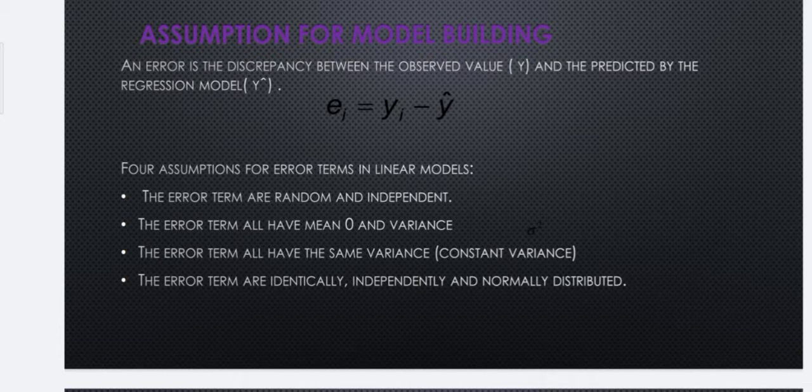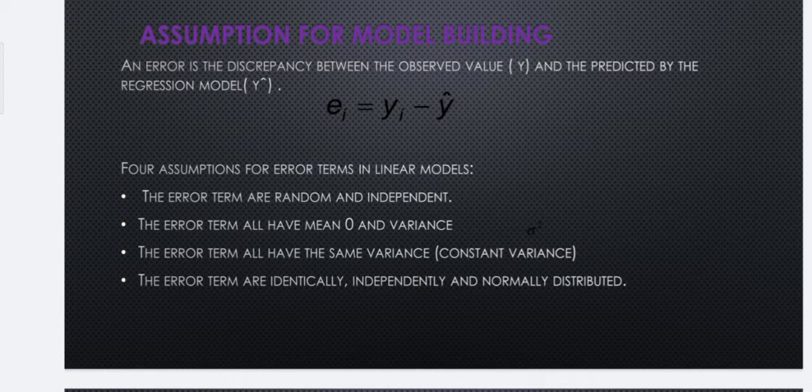Okay, next the error terms all have the same variance, the constant variance. Setiap satu error term adalah value of sigma square, and the error terms should have the same variance ataupun dinamakan constant variance ataupun homoscedasticity. So macam mana nak check for homoscedasticity?